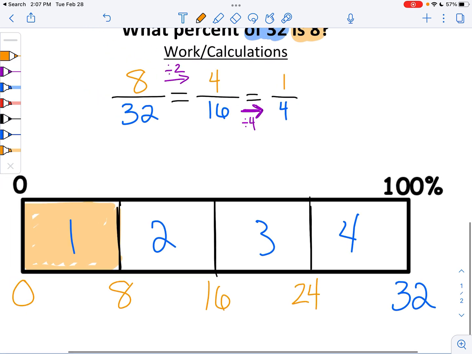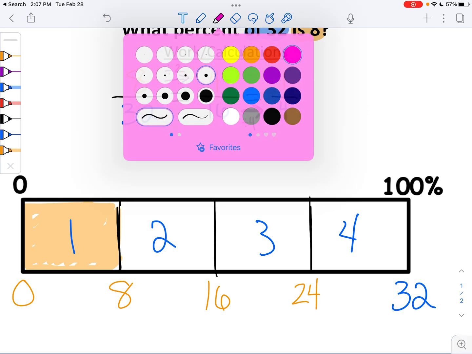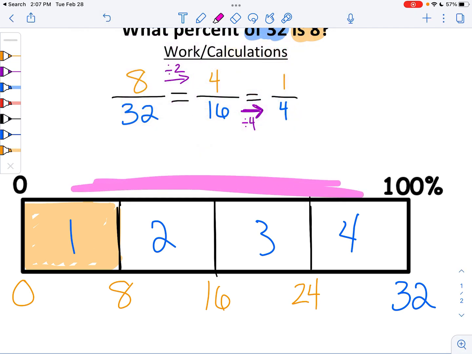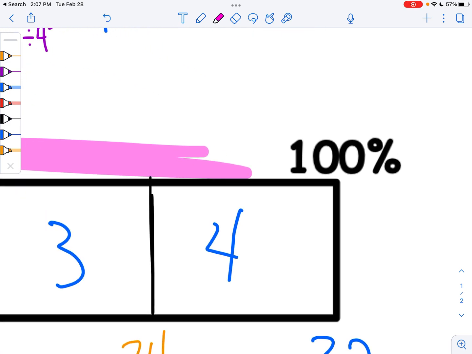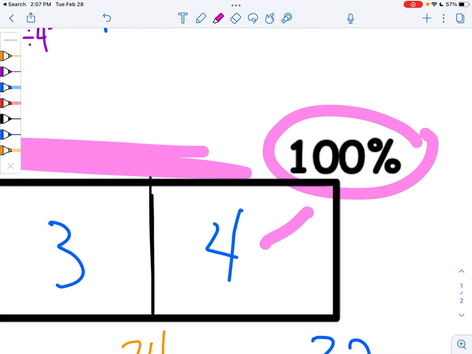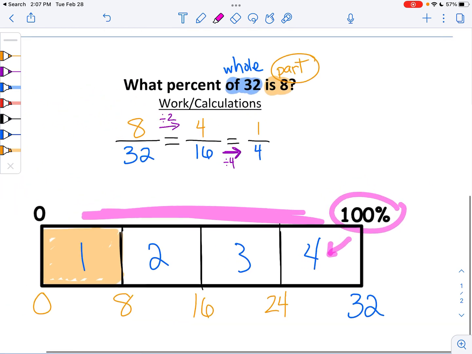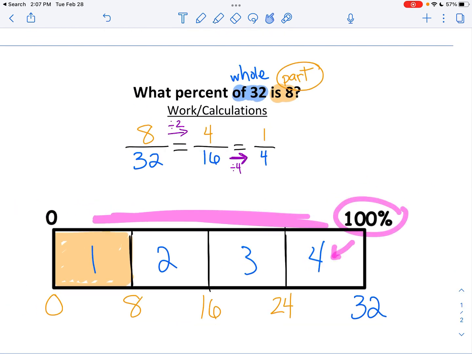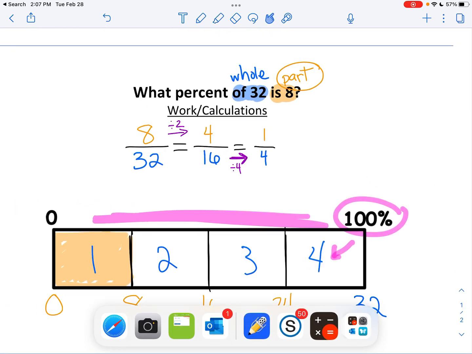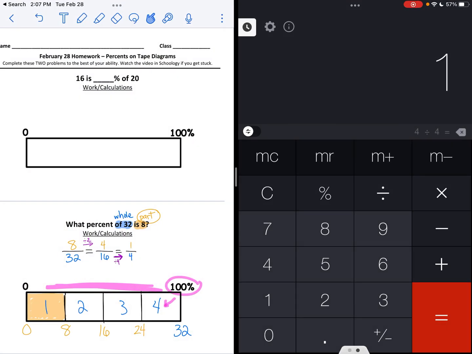To figure out what to count by on the top, to figure out these top percents, I'm going to take 100% and divide by the number of parts there are. 100 divided into 4 parts equals 25.